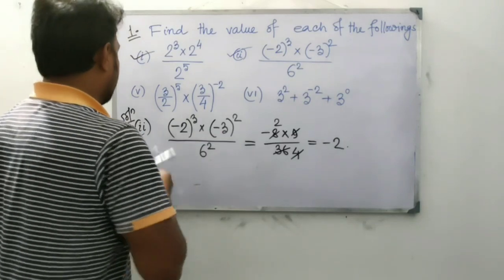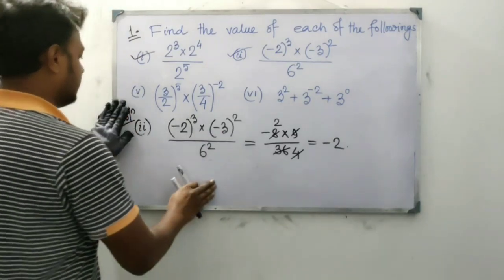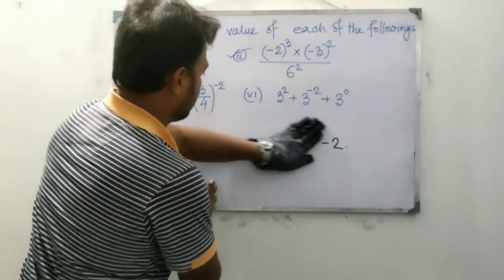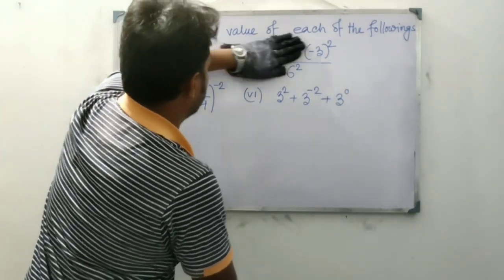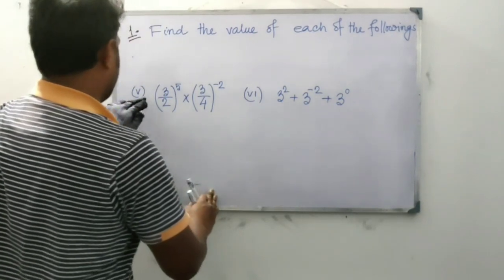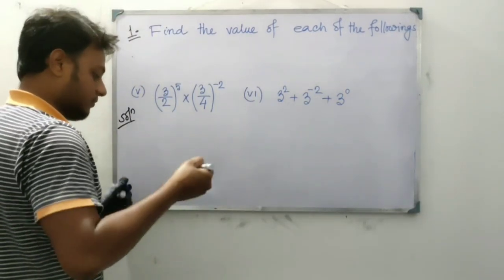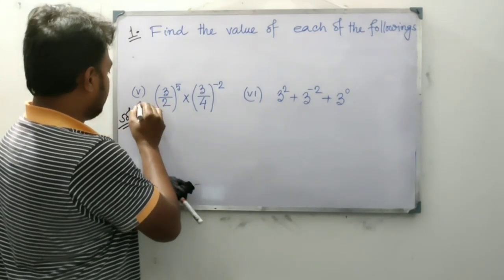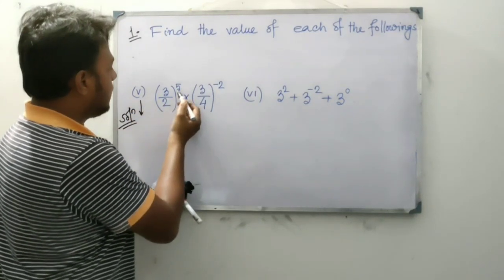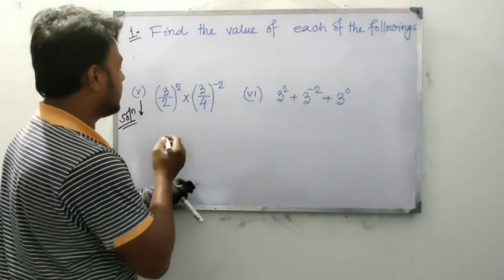Next, the fifth problem. For the fifth problem, (3 by 2) to the power 5 into (3 by 4) to the power minus 2 is there.